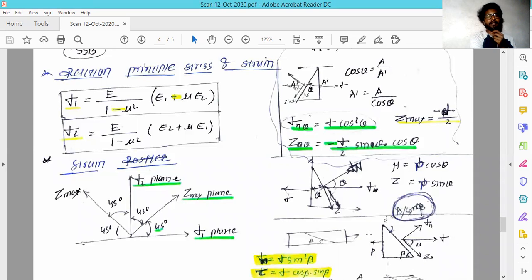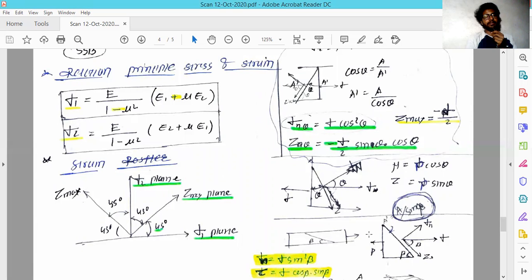And also we have seen, while discussing stress and strain, the equation for the principal plane angle and the principal shear stress angle.